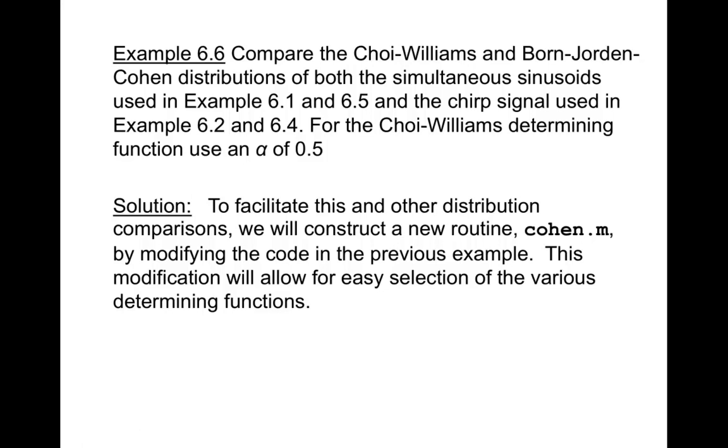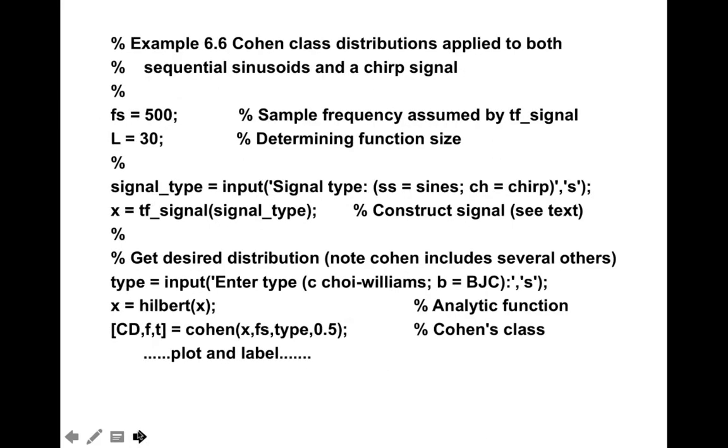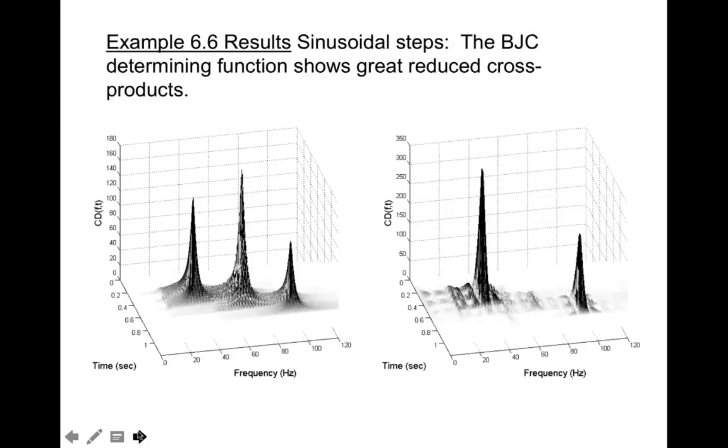So let's look at the application of some of these filters, some of these kernel functions, to our signals, and I'll leave it to you to look at the code. It's pretty straightforward.